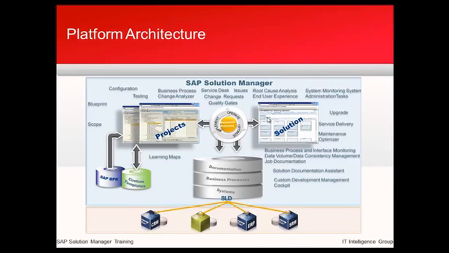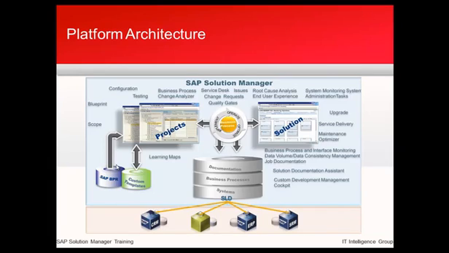These are the tasks from the operation point of view, which we require for operating an environment. Then the upgrade phase, then the service delivery phase, maintenance optimizer, and then the business process and interface monitoring. All these can be documented, so the entire process gets documented. You have the solution documentation assistant, and the custom development cockpit is there.